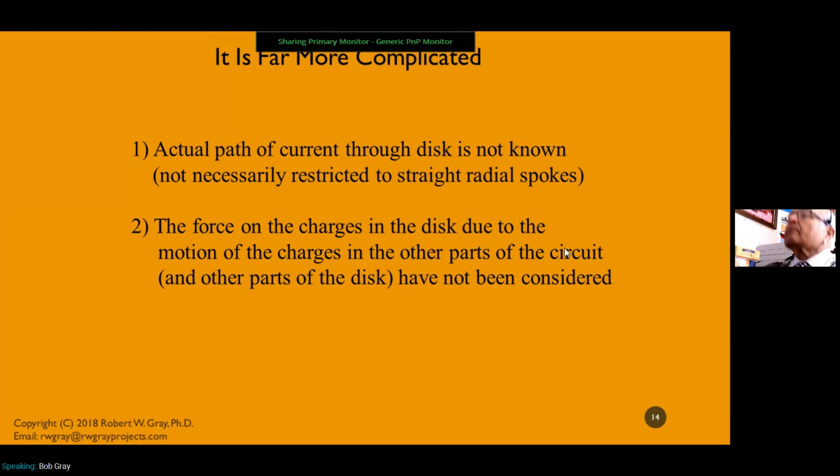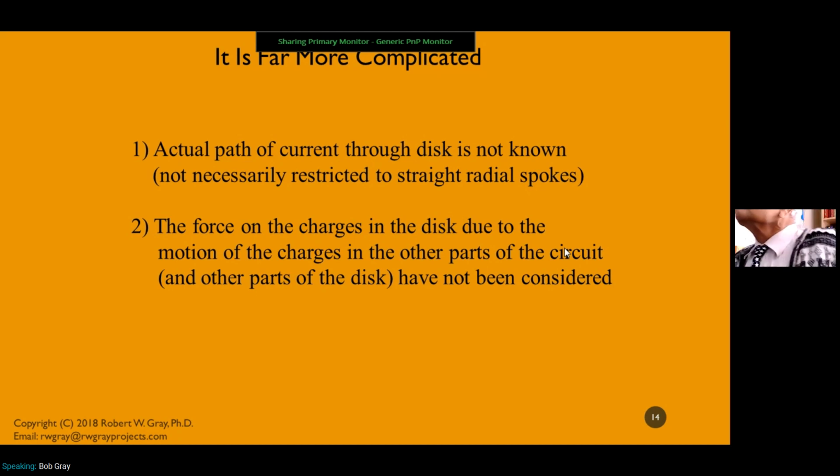But actually, in reality, this whole thing, why we don't have, for me anyway, a quantitative analysis is because the whole setup is much more complicated. The actual path of the currents in the disk is not necessarily along the radial spokes. There are no spokes. That's just an approximation.